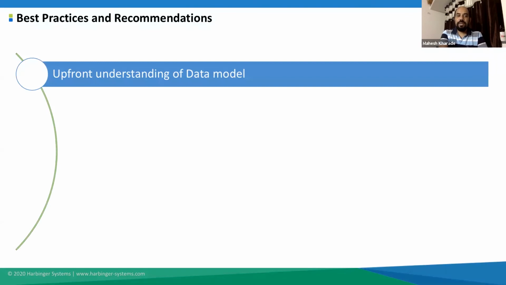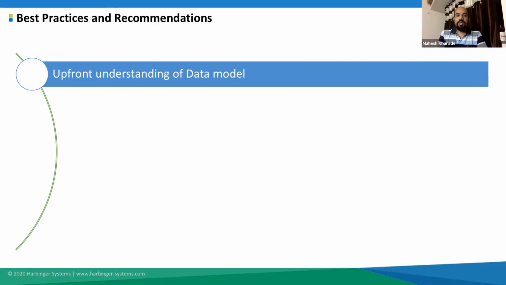So, upfront, the understanding of the data model. As I mentioned, let's take an example of Salesforce, where we end up having core objects, then the extended objects, and the custom objects. Now, in case you are working with an integration, that's why it is essential to know what kind of objects you are working with and what challenges they bring along when they change from customer to customer.